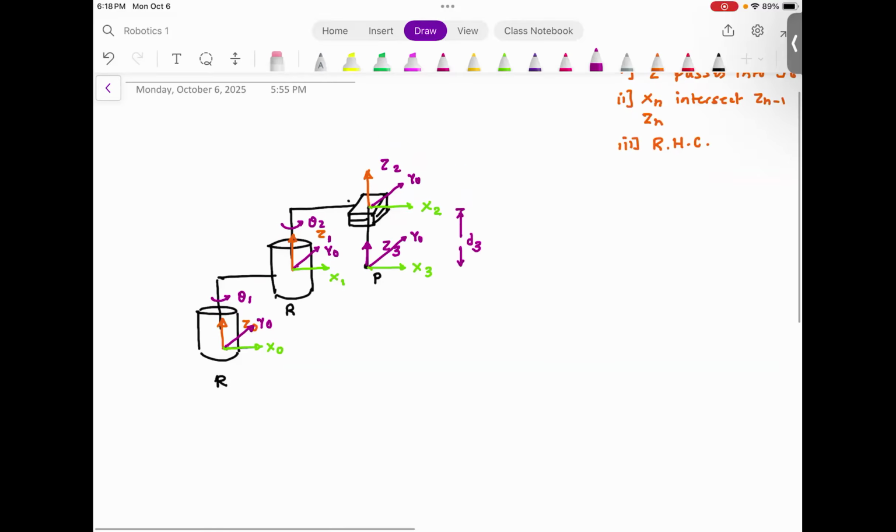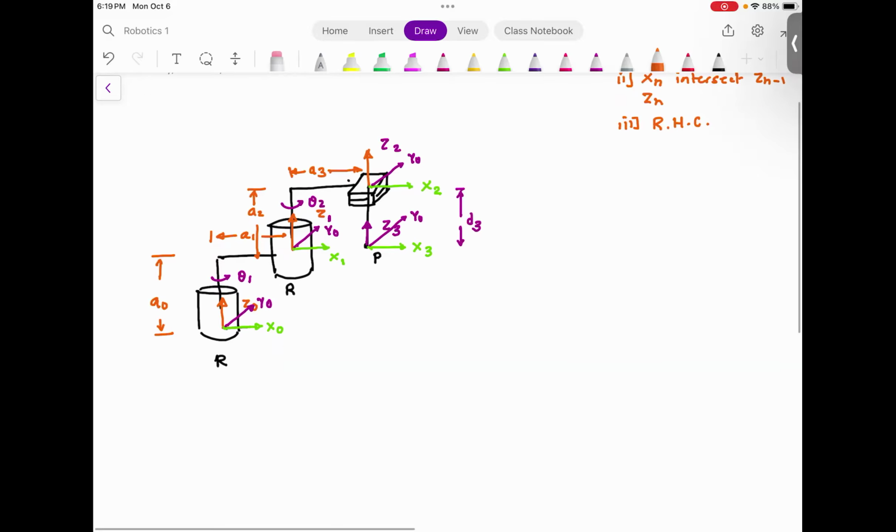I'm going to add A0, A1, I would add this as A2, I would add this as A3. And I'm going to assume A4 is equal to 0 because whatever extension I'm going to have is the extension of D3. You can also add A4, it doesn't matter, but I'm just going to treat it as D4.